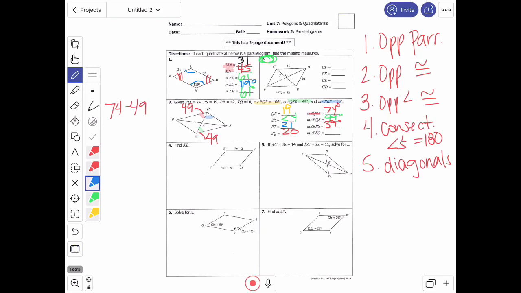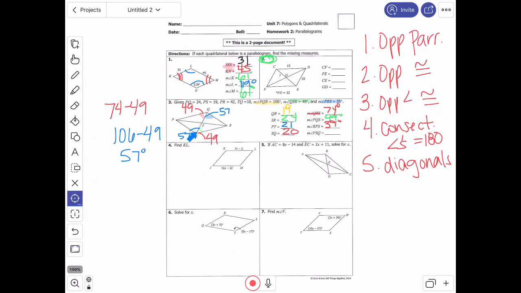So 106 minus 49, and you should get 57. So that means this angle right here is 57 degrees, and this angle right here, because both of these have to add up to the same thing because they're opposite angles in that parallelogram. And also these are those alternate interior angles again. 49, 49, 57, 57. So let me record that, 57.